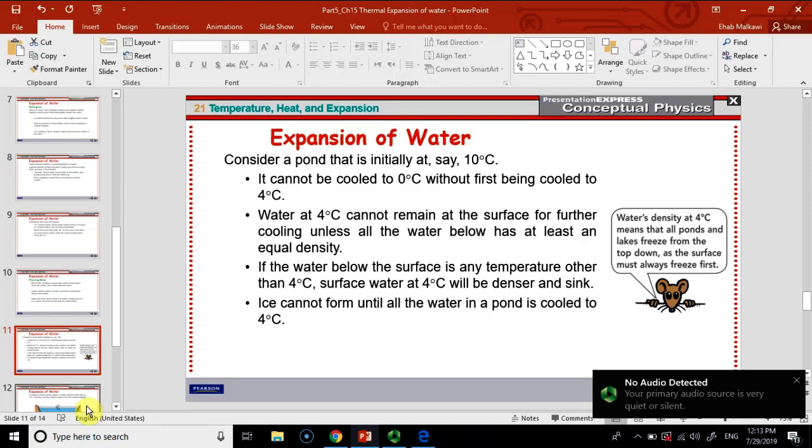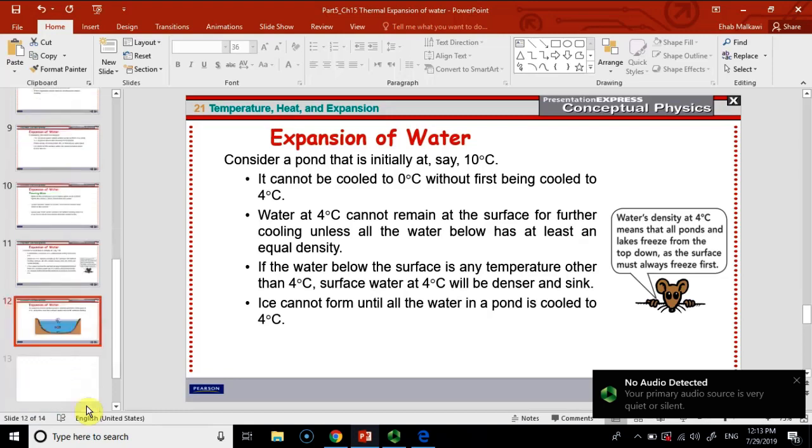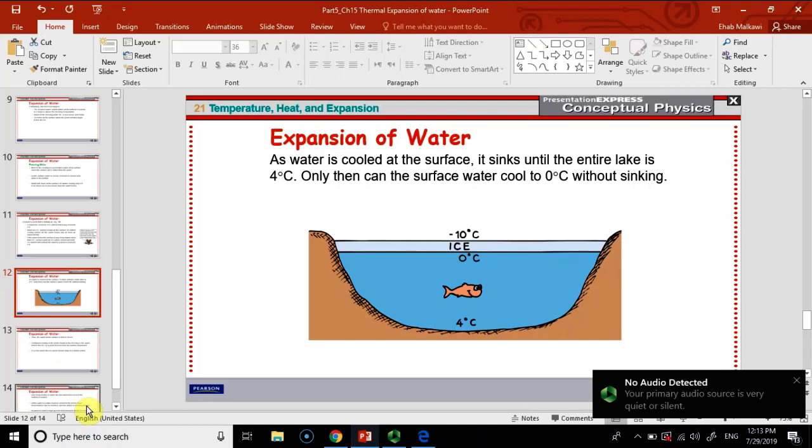Once the temperature of the pond reaches 4 degrees, further cooling will happen and ice will start to form, which has a smaller density and will start floating to the surface of the pond. You can see from this picture, the surface of the pond is icy at 0 degrees Celsius, but if you look down, you can see that you have liquid water and the temperature of the water reaches only 4 degrees Celsius.